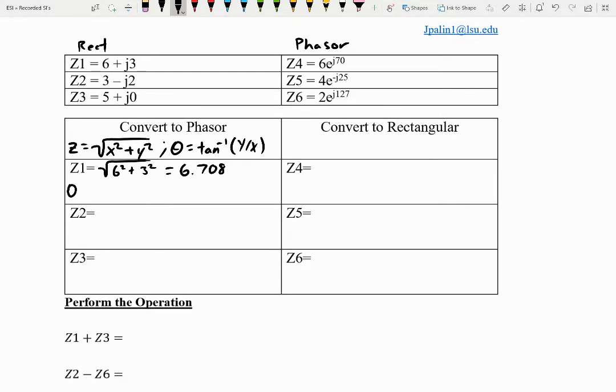Then our theta will just be tangent inverse of that, 6 over 3. Tangent inverse 6 divided by 3.